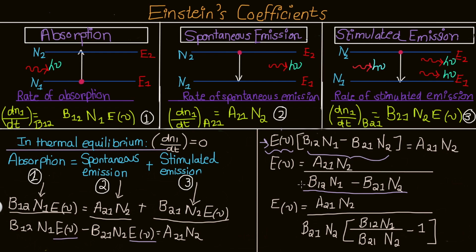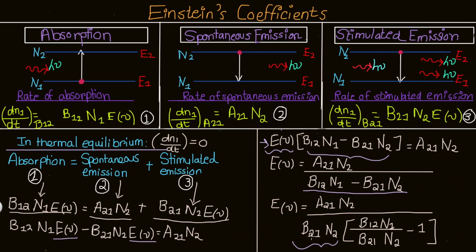A21 N2 divided by B12 N1 take away B21 N2. And then if I take B21 N2 common out from the denominator of the equation, you can see that inside this bracket, I am left with B12 N1 divided by B21 N2, take away 1, because these two will cancel out.